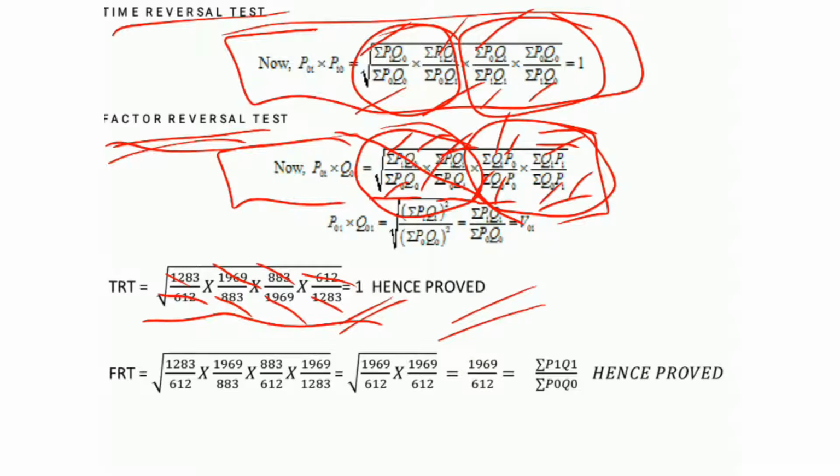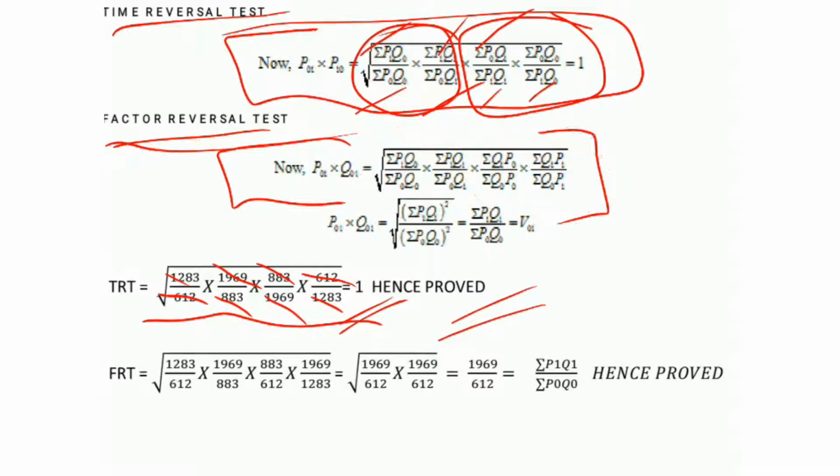For your clarification, I'm removing all the marks here. After understanding this formula, apply the values in FRT and you will get this answer. I'll tell you how to solve this. 1283 gets cancelled here, and 883 and 883 get cancelled, numerator and denominator.